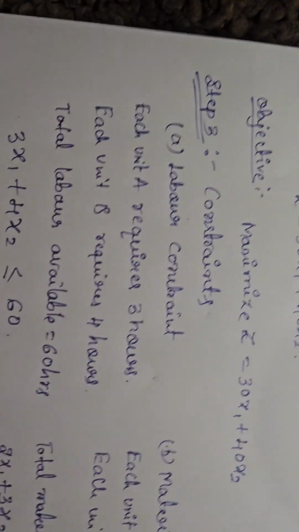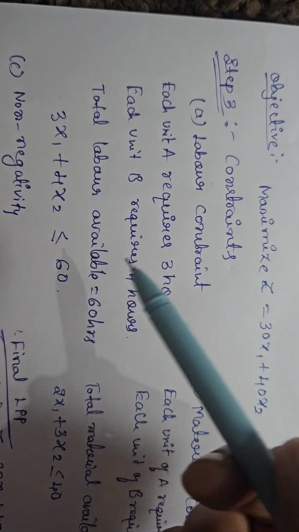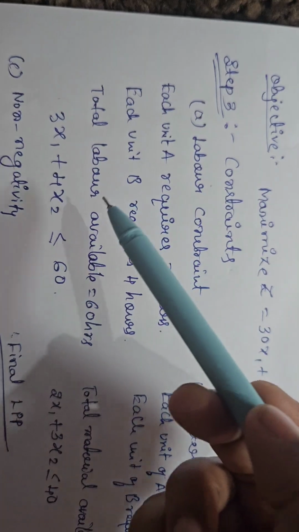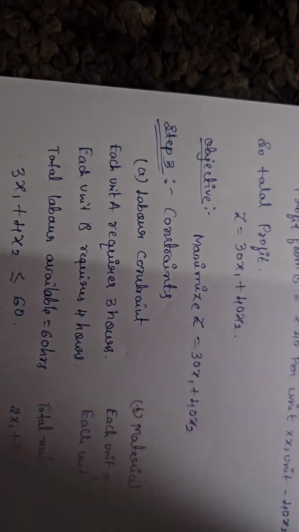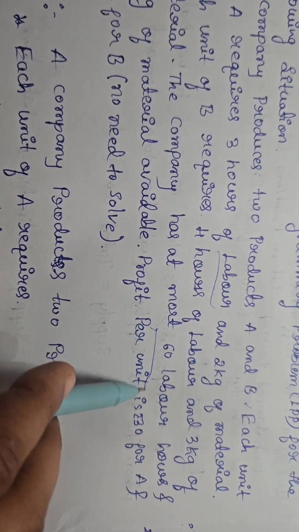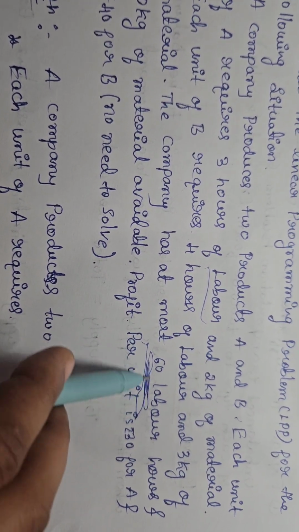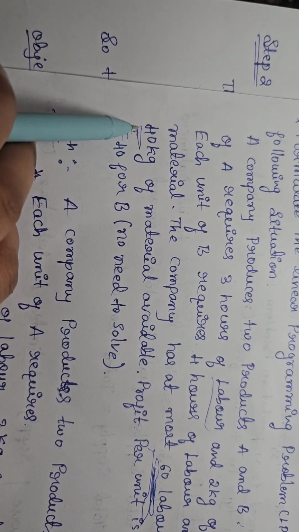After finding the labor for products A and B, we can go to the total labor available. Total labor available is 60 hours total. That is also given: 60 is the total labor hours, and 40 is the total available for material.